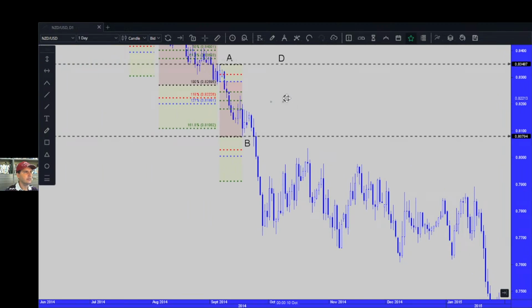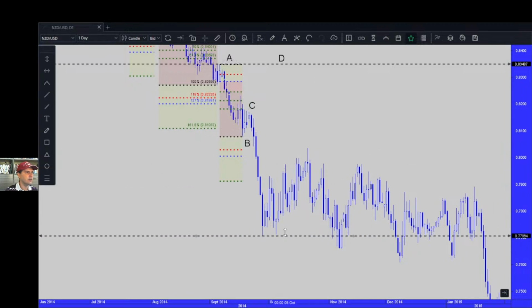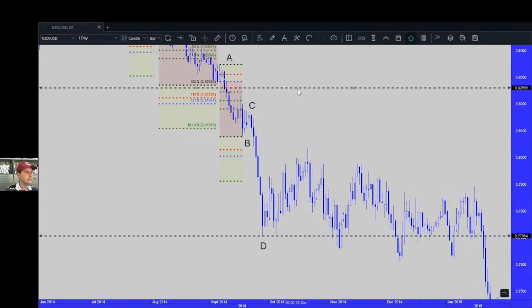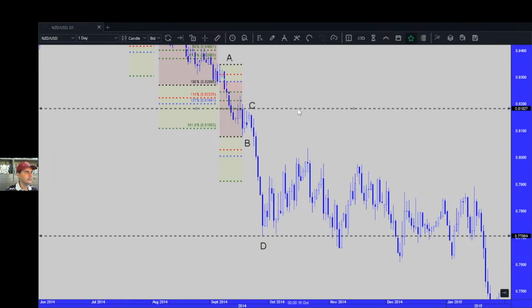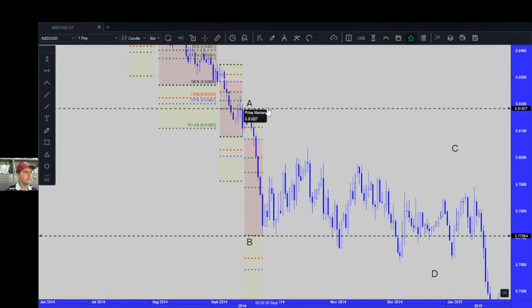So again, here is the C after the B, and green goes to green, this is the new low. This is the D down in here. This is the new C after the B. Right? A goes to C, B goes to D, and Fibonacci retracement tool. It's not that difficult, right?